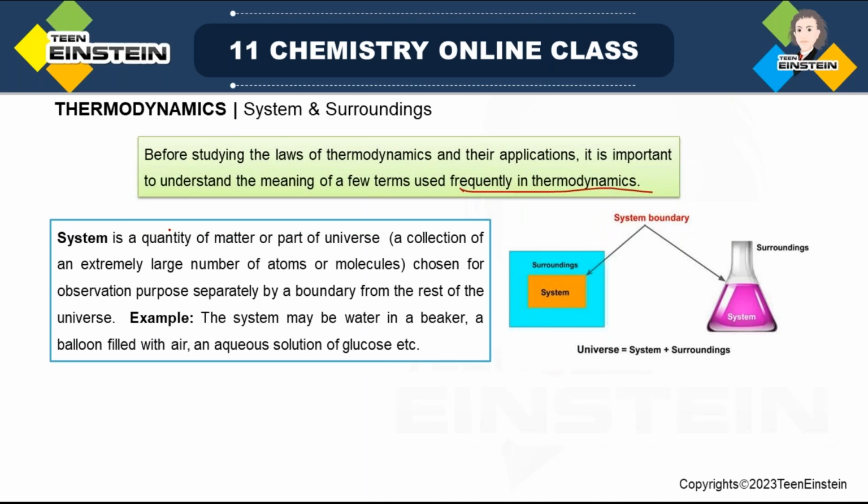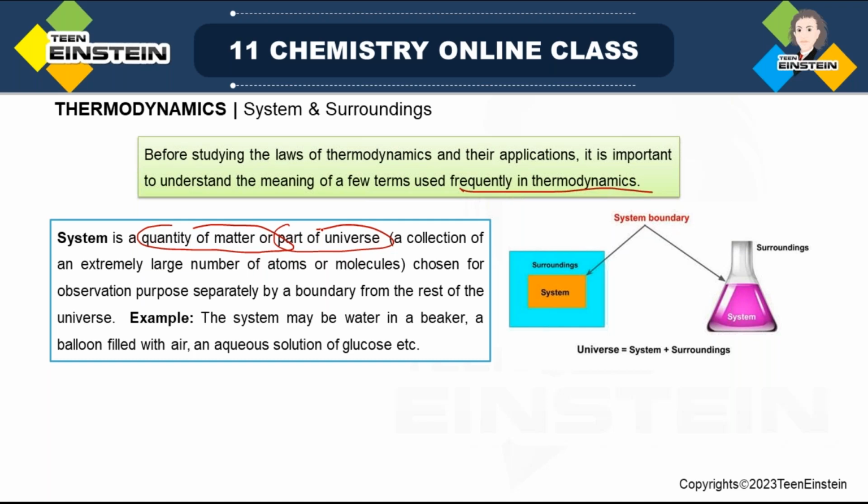System is a quantity of matter, or you can say it is a part of universe. In bracket, what is mentioned: a collection of an extremely large number of atoms or molecules. So when we are talking about quantity of matter, obviously it is a collection of many atoms and molecules, and you can also say it is a part of universe.